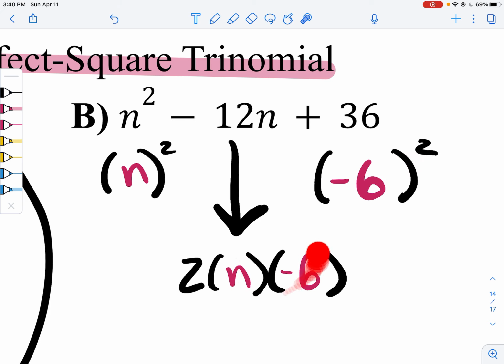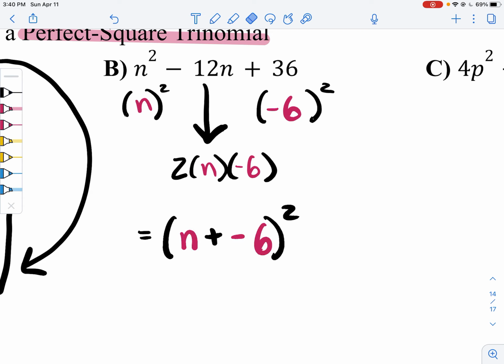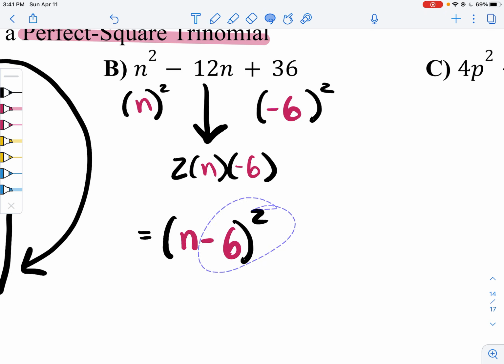So we needed to make this a negative so that we would get a negative 12n here. That tells us that the factored form of this is something squared, and that's going to be n and negative 6. Or if you don't like to write n plus negative 6, you can just say that's n minus 6 squared. And that's fine.